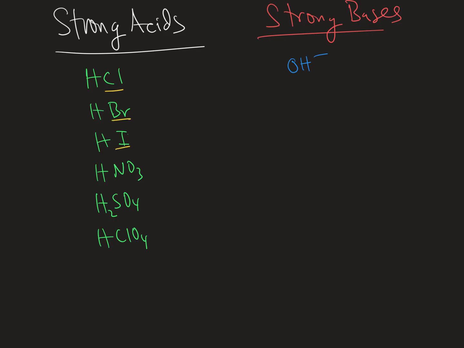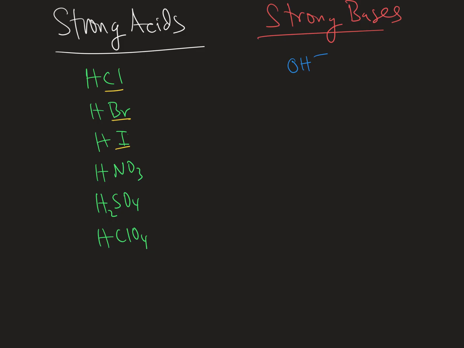If strong acids and strong bases dissociate completely, does that mean they're highly soluble or highly insoluble? Highly soluble. So look at our solubility chart. Chloride, bromide, iodide are halogens, and they are soluble.